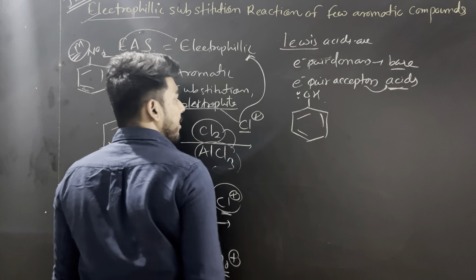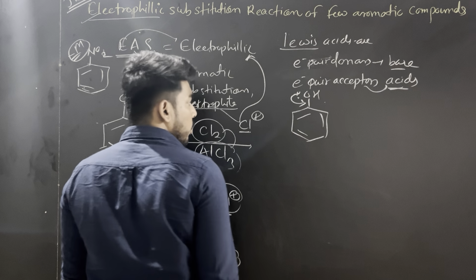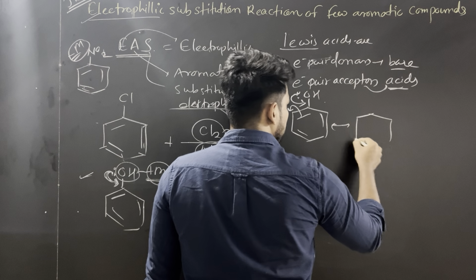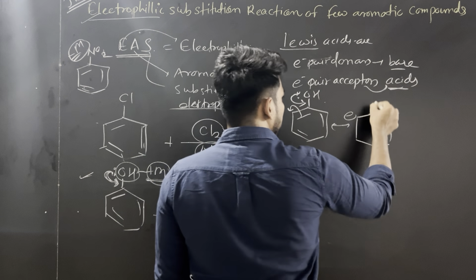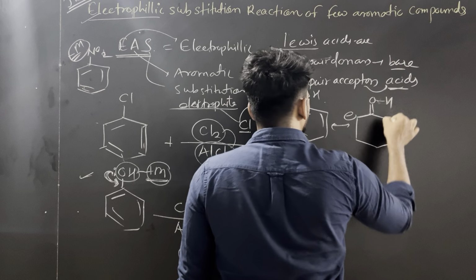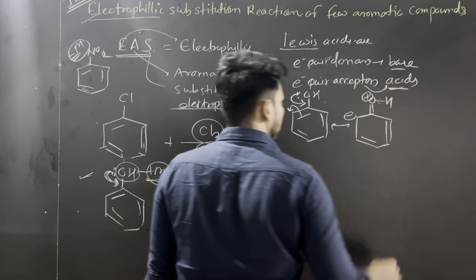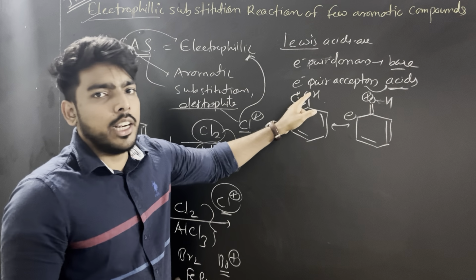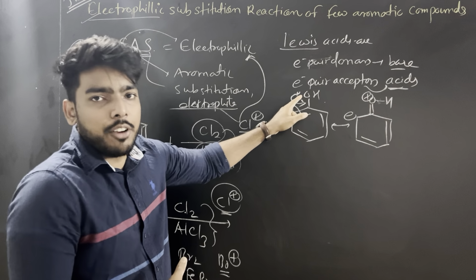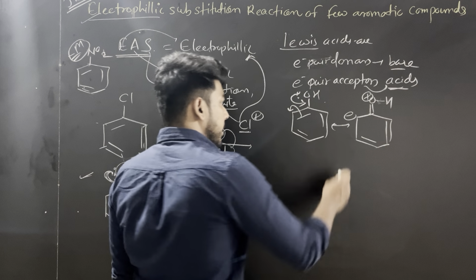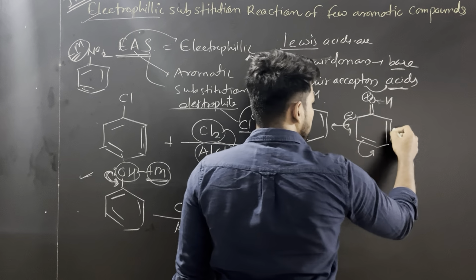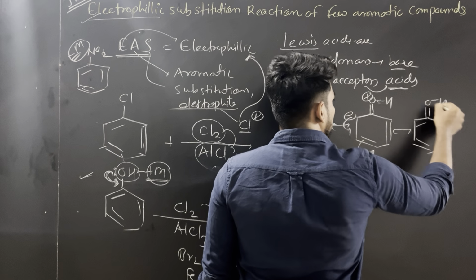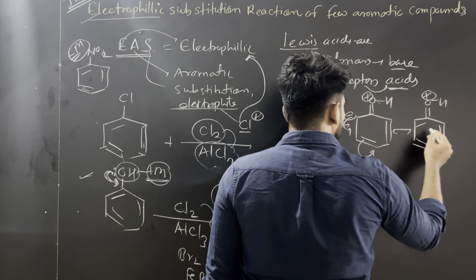So we have these lone pairs. The first lone pair will go to this place, and the second like this. So this is the second resonance structure. Actually O has donated the electrons it already had, that's why it has a positive charge. In the third resonance structure, it will be like this: O, H, positive, negative.